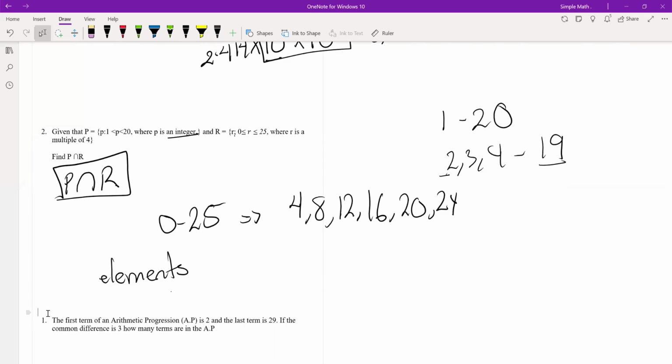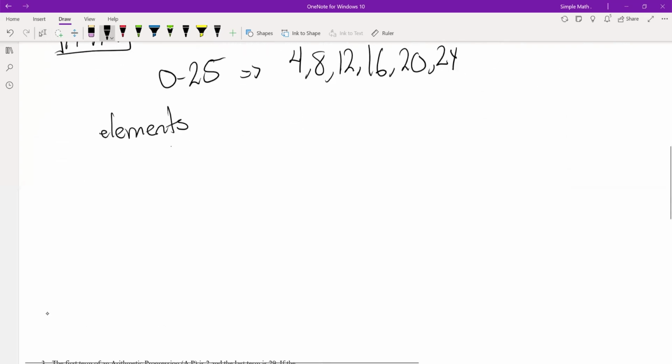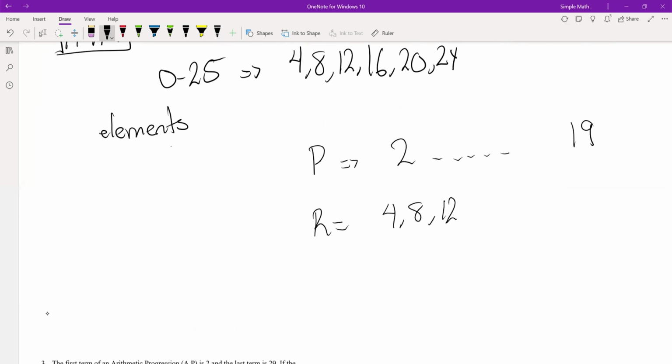We said P are numbers from 2 to 19, and for R, we have 4, 8, 12, 16, 20, and 24. So we're looking for numbers that will be in both P and R.